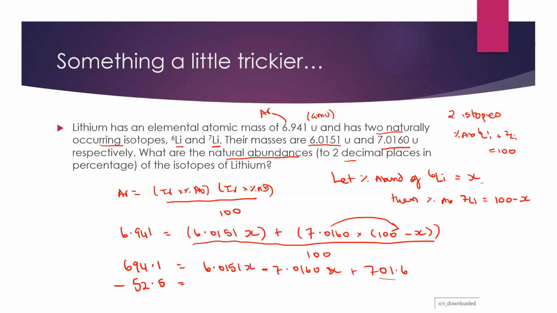So I'm going to have my 6.0151 minus 7.0160, and we're going to get that is equaling negative 1.0009, so essentially 1.